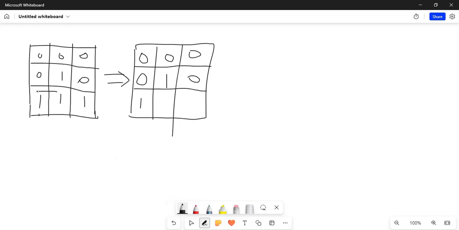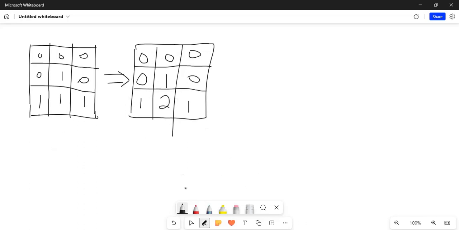You can also travel one distance and then two distance. So the nearest 0 for this cell is at two distance, and for this cell the nearest 0 is at one distance. So this will be the answer for this example.